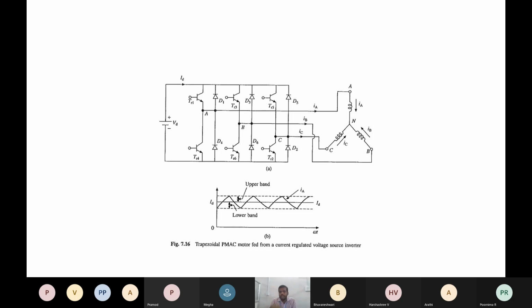Like that you can choose any path. So here TR1 and TR6 are the set of transistors that we are considering, which are connected at phase A and phase B.